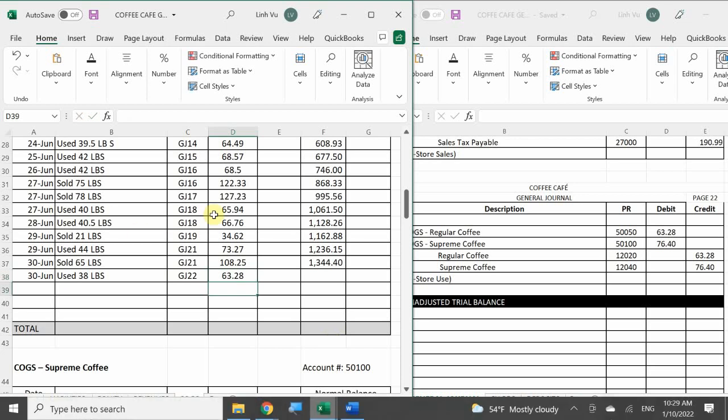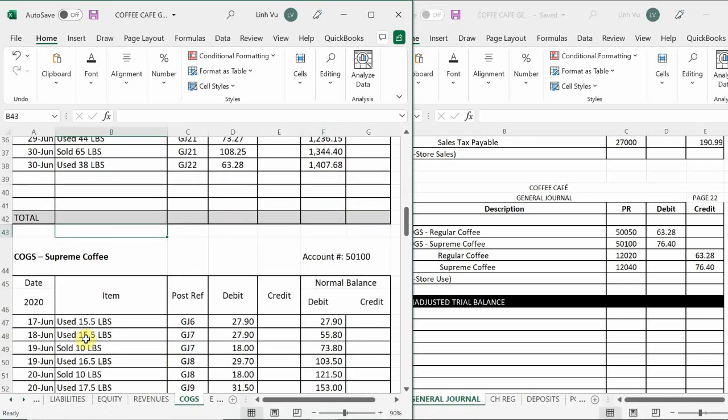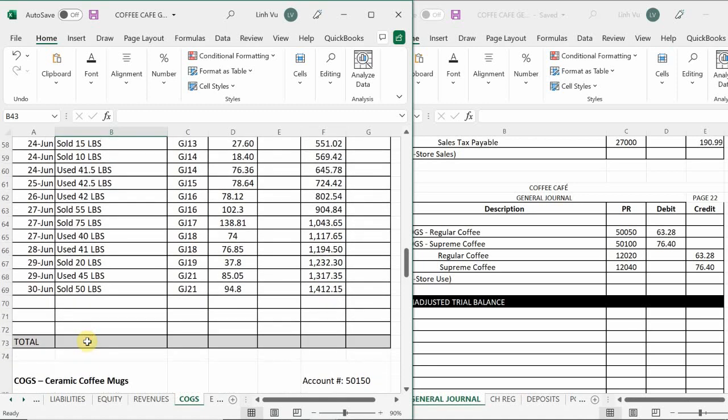Ending balance. $1,407.68. Okay. Supreme coffee.